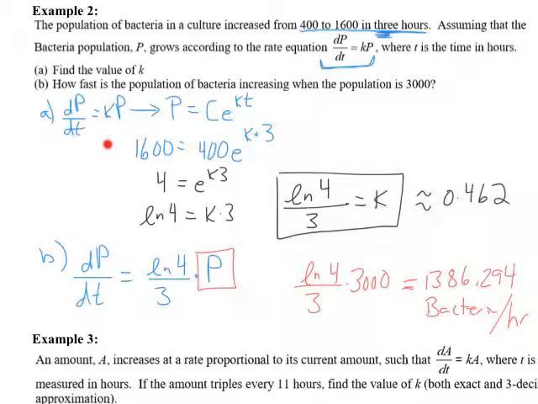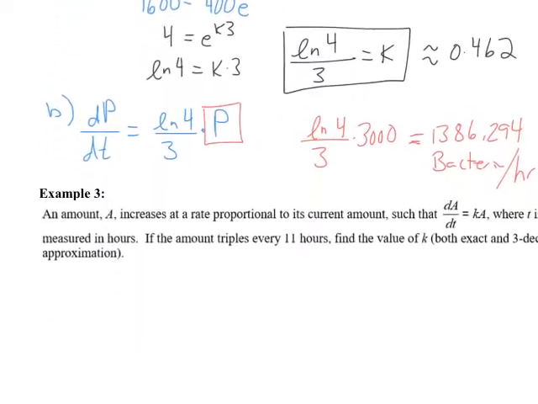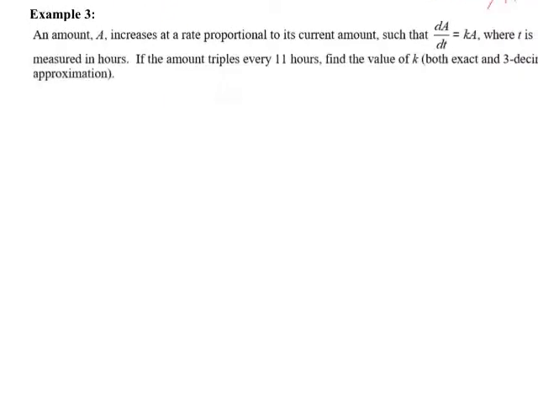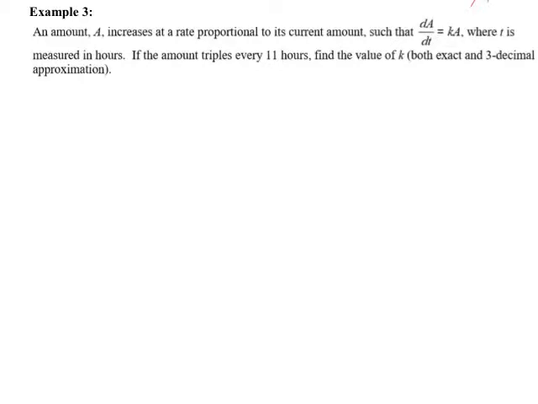It's important that we start with the differential equation they give us and immediately jump to this process so that we can avoid the whole derivation. Let's take a look at example 3. The amount A increases at a rate proportional to the current amount, such that dA over dt equals kA, where t is measured in hours.